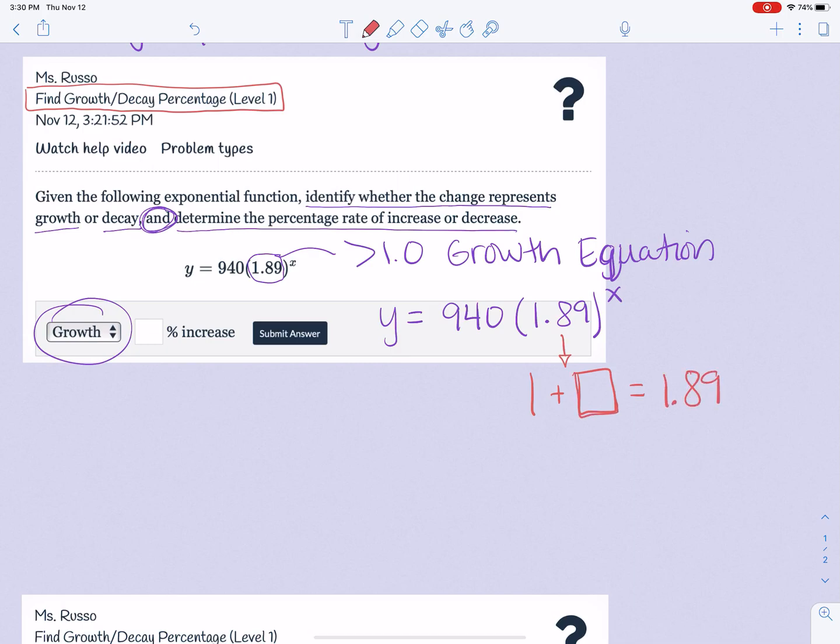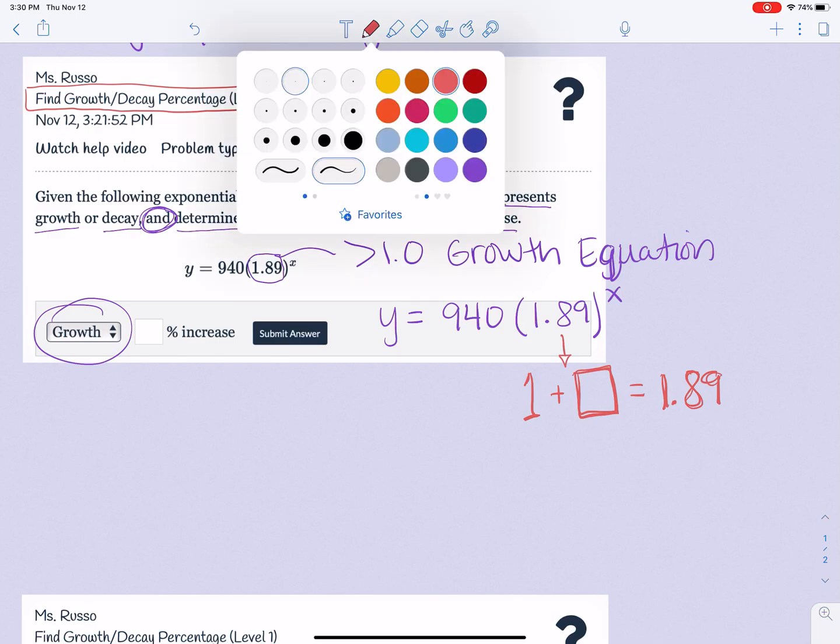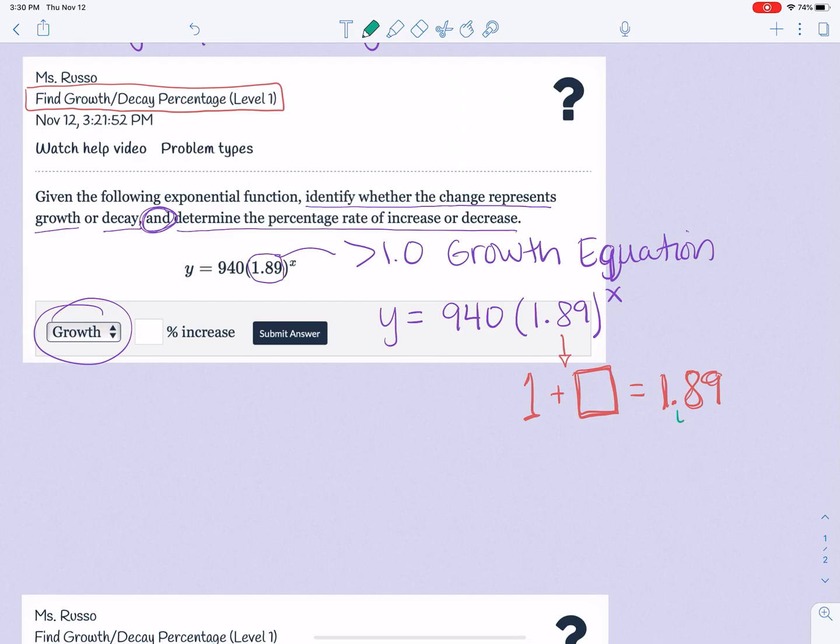What was added right here? If I started with 1 and I added something and I got to 1.89, what did I add? Well, what we can see is that we added the 0.89, right? Because 1 plus 0.89 is 1.89.